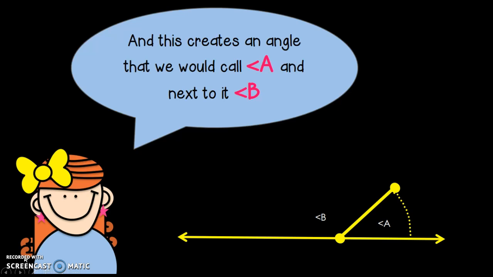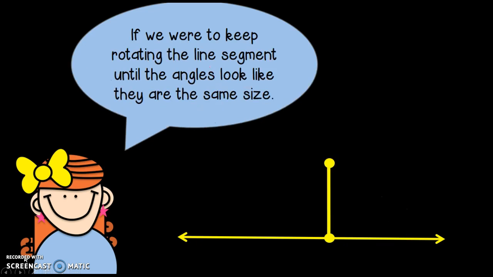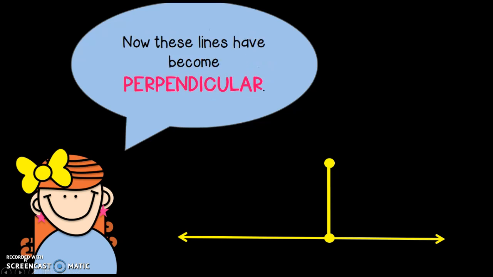And this creates an angle that we would call angle A, and next to it, angle B. Notice that angle A is smaller than angle B. If we were to keep rotating the line segment until the angles look like they are the same size, now these lines have become perpendicular.